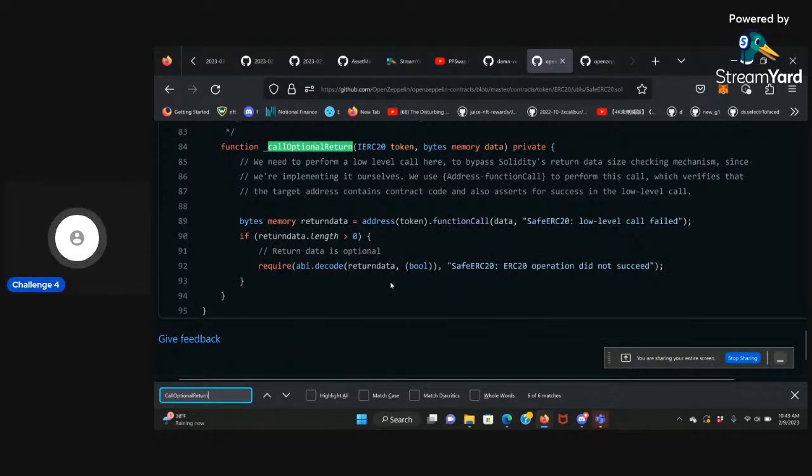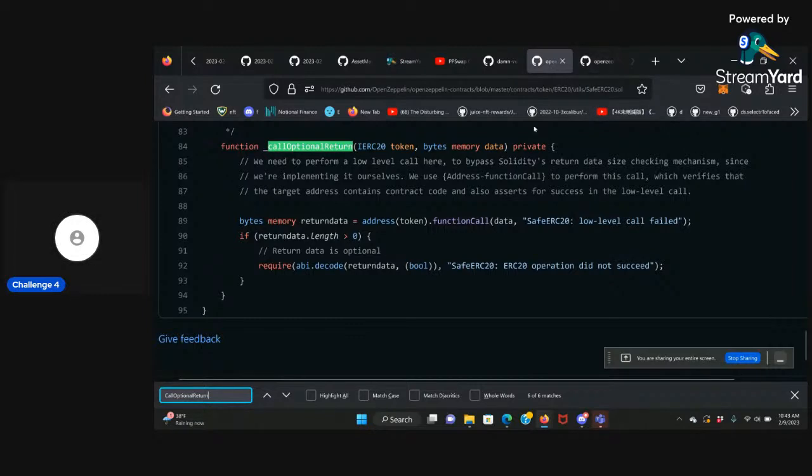If it's greater than 0, then we're going to decode the return data to bool, and that means we do have a return value. So we need to check if it's equal to true. So we just make sure we check the return value. That's what the wrapper is doing.